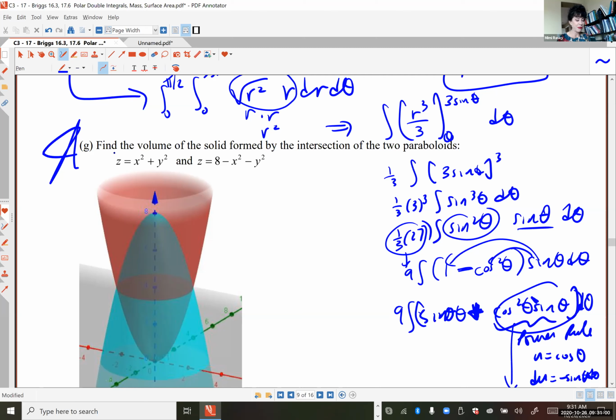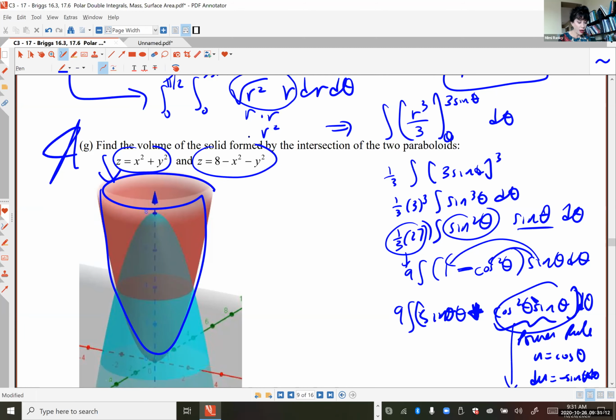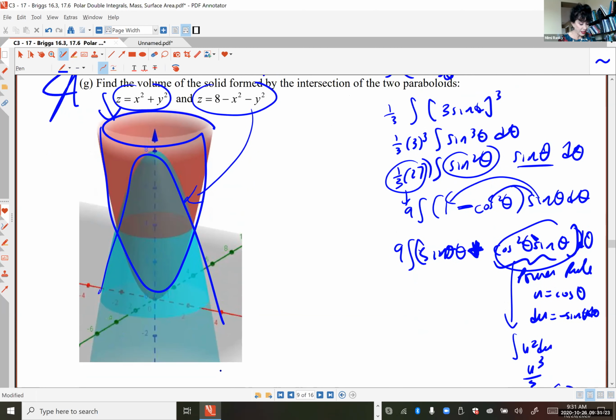And this is the problem right here. Check it out. So Z equals x squared plus y squared is the underbelly. That's this paraboloid here, opening upward. And the capping surface, the top of it, is this greenish blue paraboloid going that way. Now, your job is to imagine what the intersection of these two paraboloids looks like.